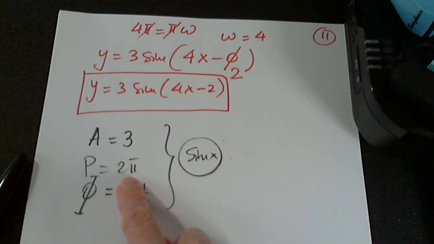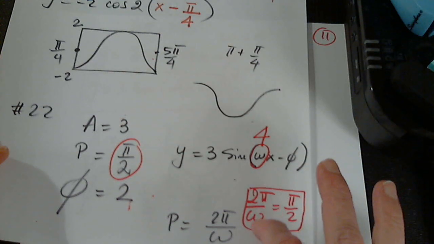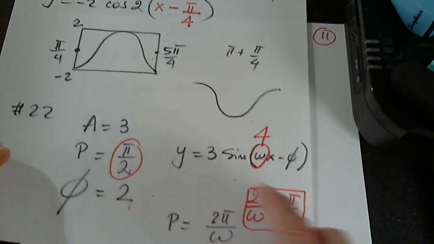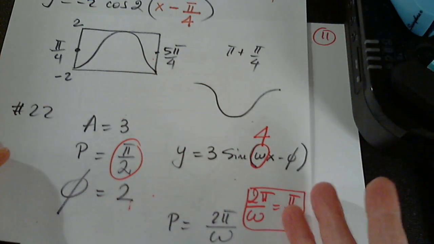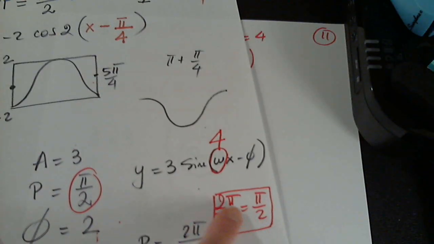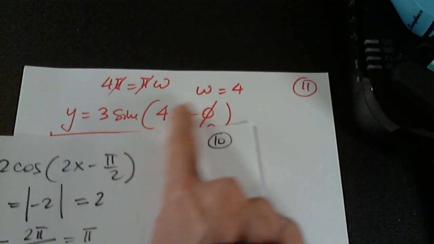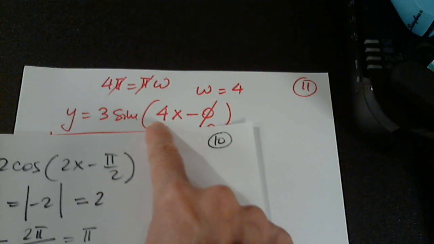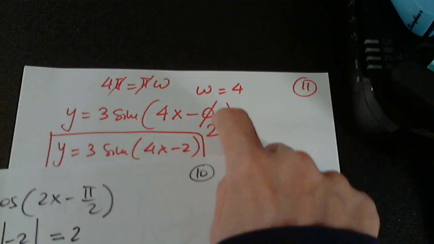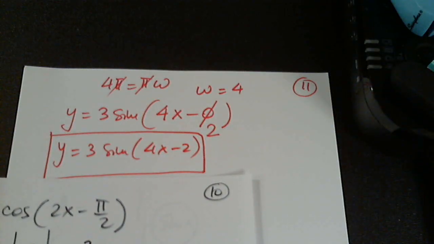So then all we have to do is set 2 pi over omega equal to the given number. It's a proportion. We cross multiply. So 4 pi equals pi omega. I simplified both sides by pi to get omega to be 4. And the phi was given to us. Okay, thank you.